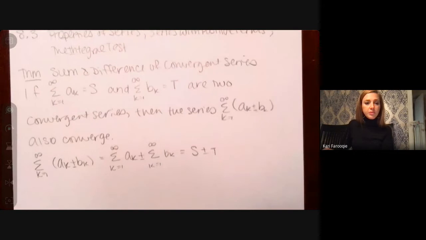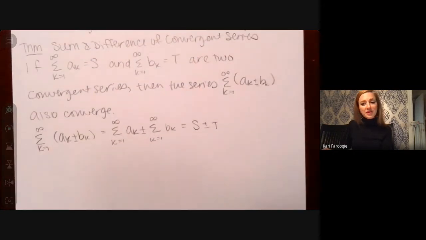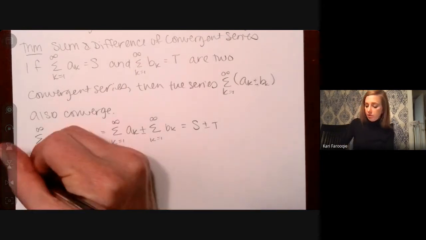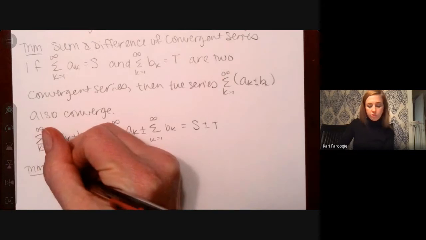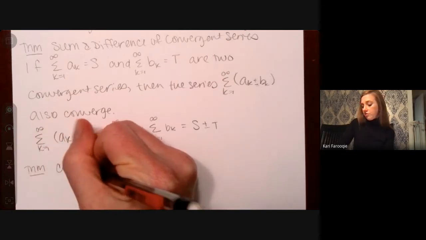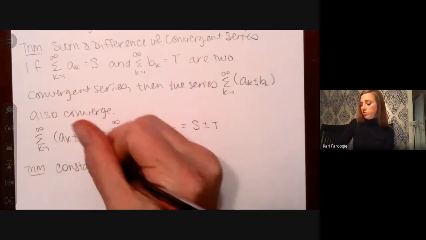We can do something similar with the constant multiple. Again, you've seen these properties with other things, even, going back to derivatives and integrals. But we're talking about them now in terms of series, which are new to us. So the next theorem is about a constant multiple of a series.